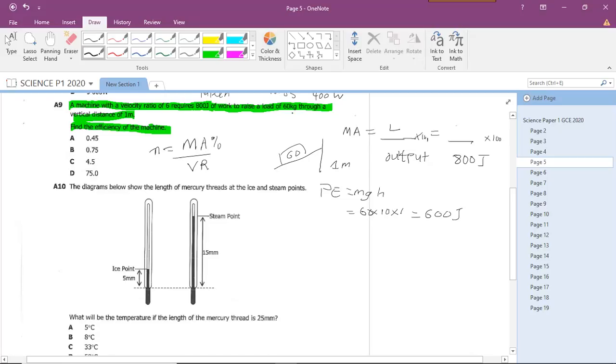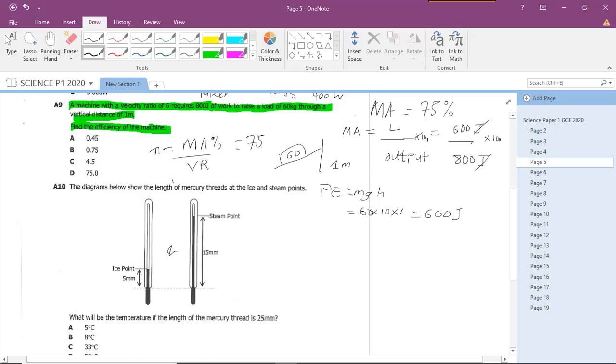So 600 joules over 800 joules, the joules cancel, so 600 divided by 800 multiplied by 100. 600 divided by 800 gives 0.75, and multiplying by 100 gives 75%.